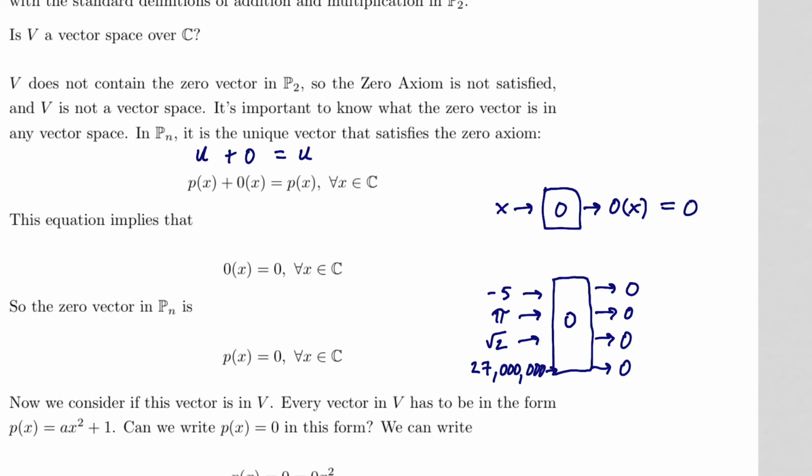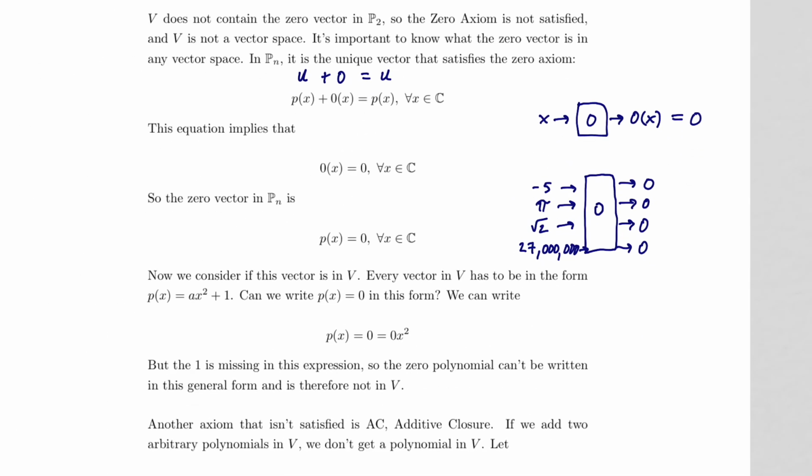All right, so the 0 vector in Pn is this polynomial p of x equals 0 for all x in C. No matter what input you give it, it's got the output of 0. I wrote it as p of x instead of 0 of x just because that may look a little strange. This is a polynomial function p of x equal to 0, and this particular p of x is the 0 vector in Pn. Okay, so now back to the question, is this vector in V?